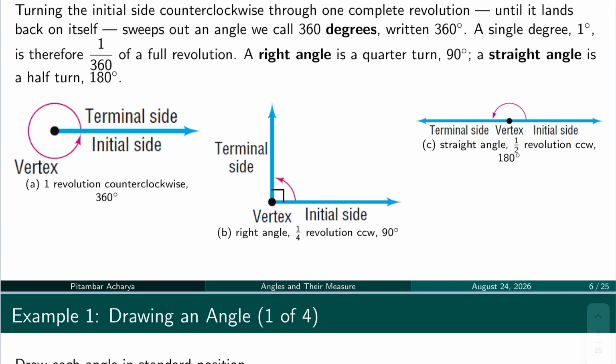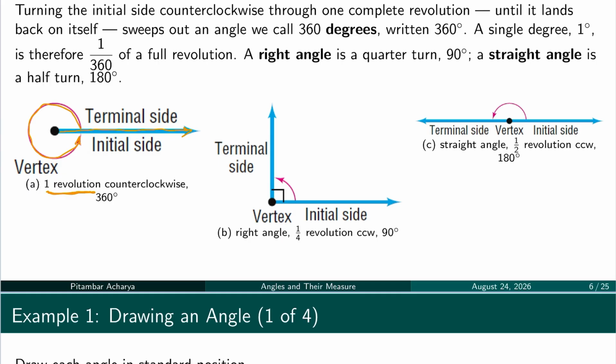Now we define degree. The angle formed by rotating the initial side exactly once in counterclockwise direction, until it coincides with itself, so the terminal side and the initial side coincide with each other, we call this one revolution in counterclockwise direction.